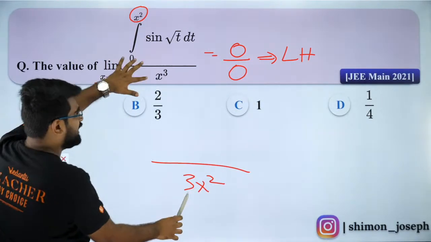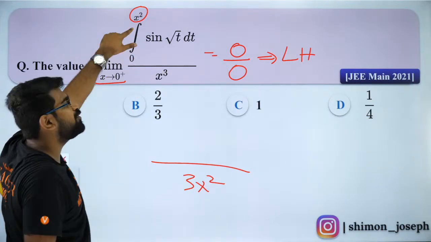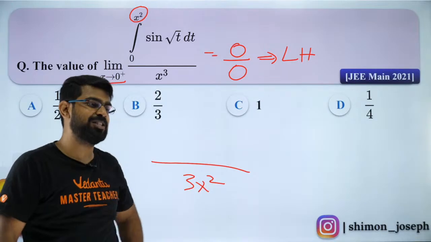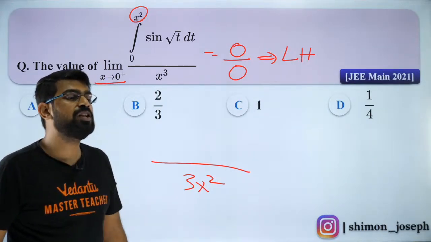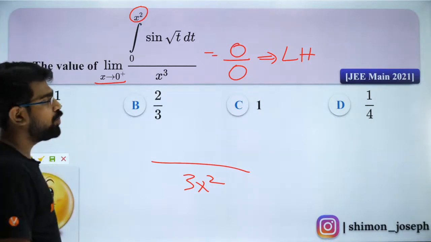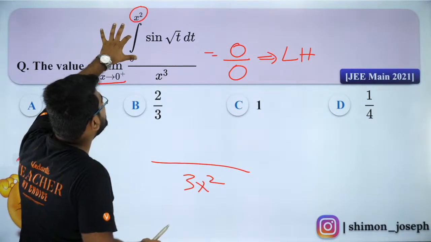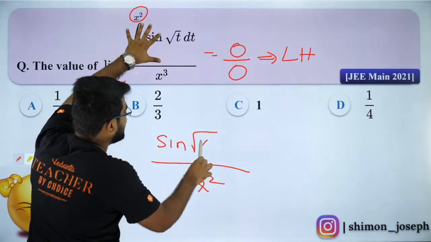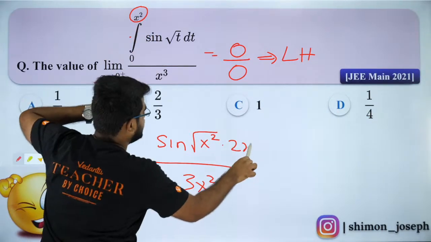Differentiation of the denominator is very easy, 3x square. But differentiating the numerator, how do you do it? Very good, my dear. Who's that? Manish. You will do it by the Newton-Leibniz formula. So differentiation of this integral will be sine of root of x square into 2x.